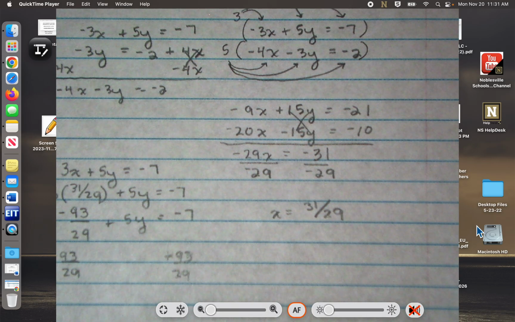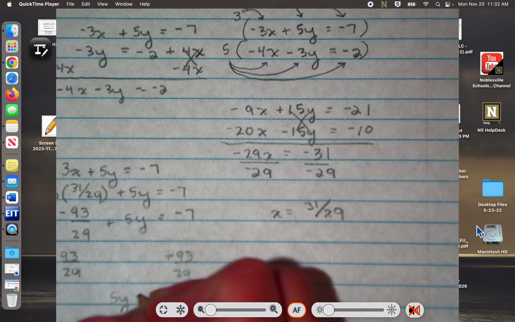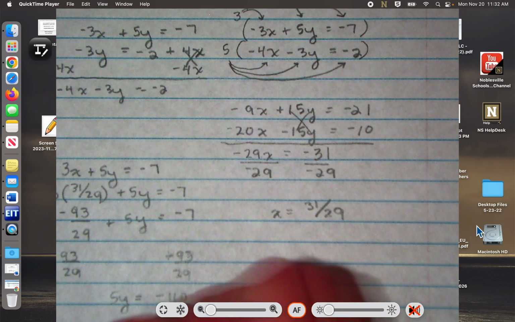It's negative 10 over. It's 5y, so it is, wait for it, 5y equals negative 110 over 29.